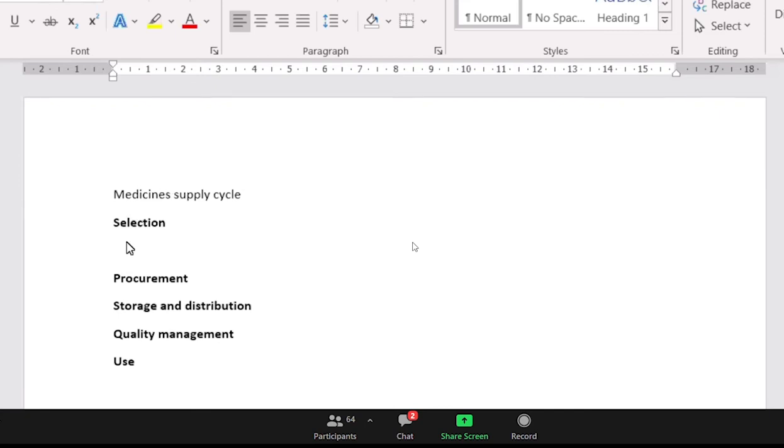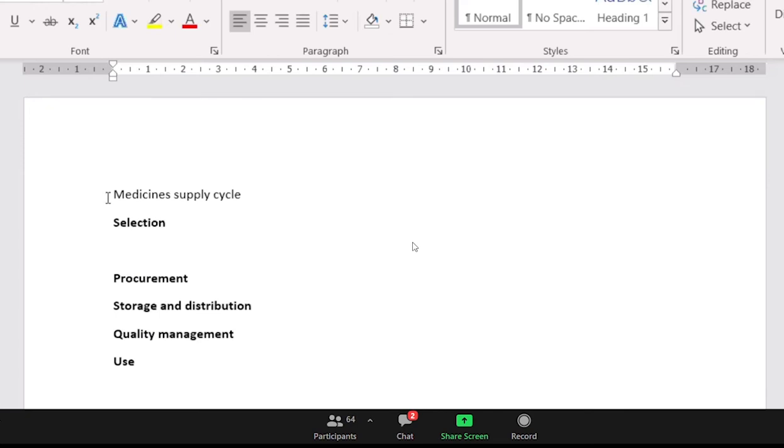So for example, if wastage is related to selection, just look at what I'm typing here. You're going to start like the case study. This is what I mean by you're not drifting away from the case study. For each problem you identify, as well as each solution you find, you have to refer to the case study.